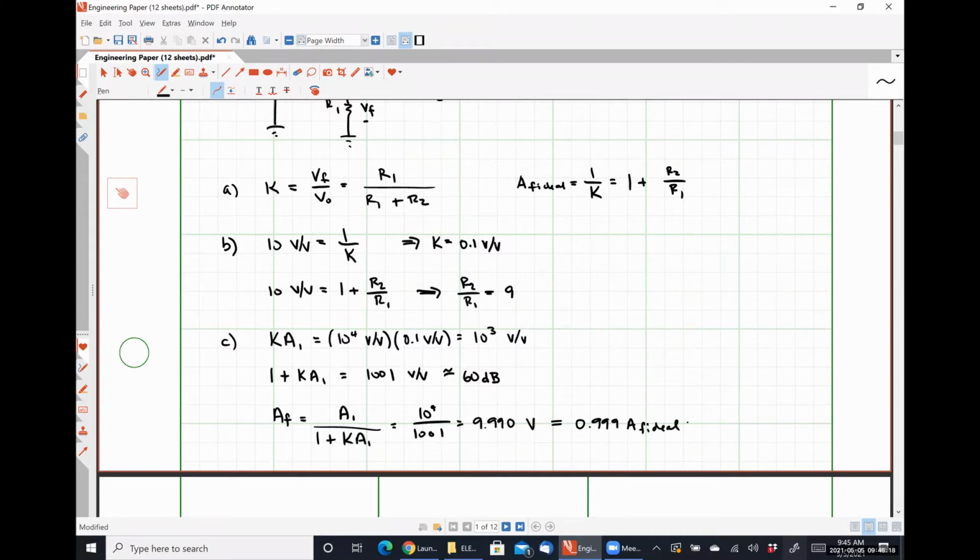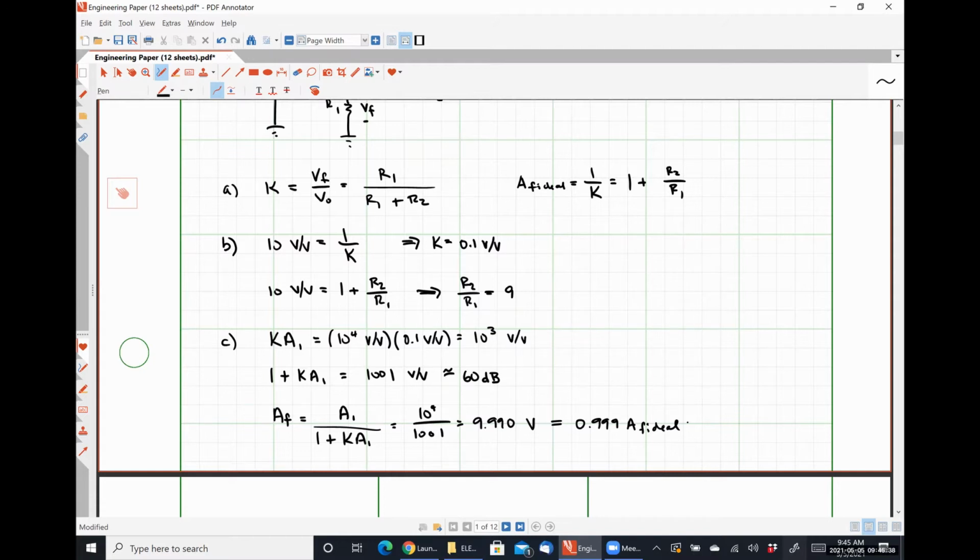So with our non-infinite open loop gain, we really only see a decrease in gain by a factor of 0.1%. And that's for not a particularly large open loop gain.